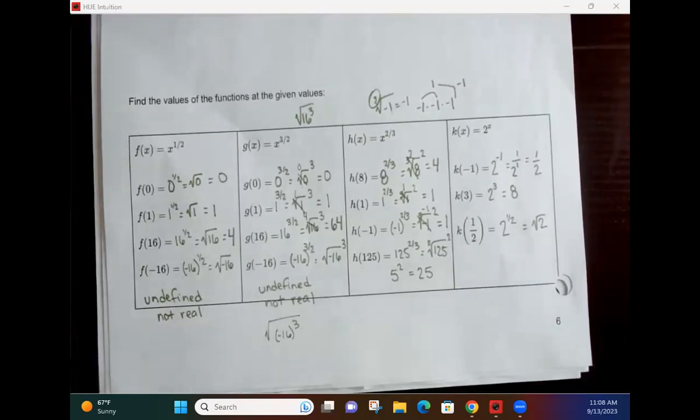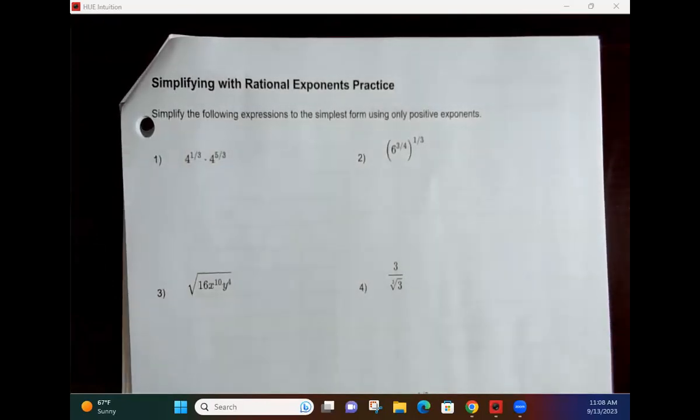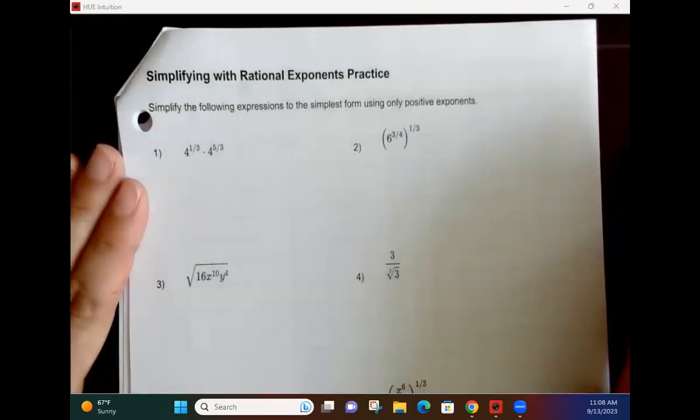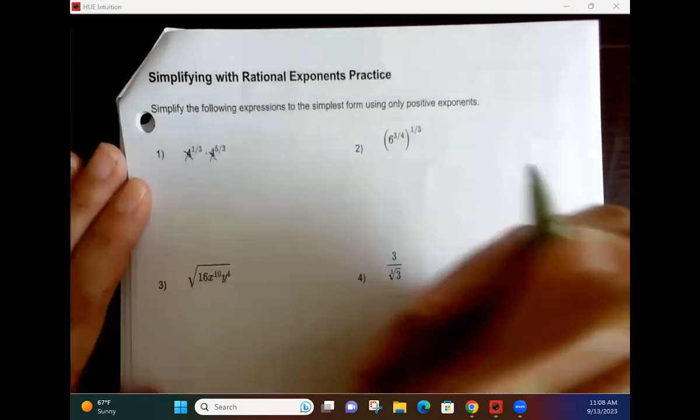On the next page, I'm going to do a little more practice with our exponent rules. For number 1, on page 7, I've got 4 to the 1/3 times 4 to the 5/3. I'm going to treat these just like they're x's.